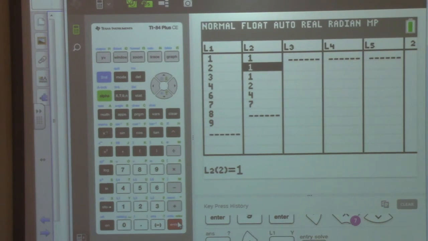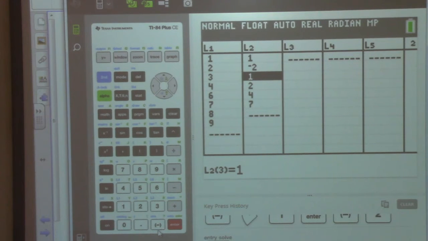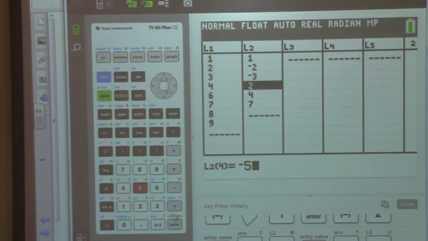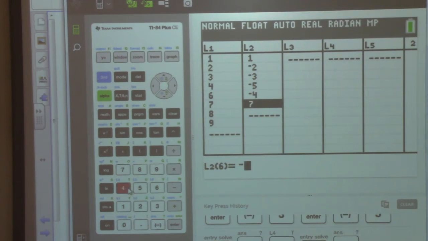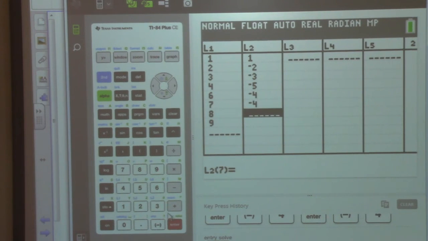It's negative 2, negative 3, negative 5, 2 negative 4s, okay, negative 4, negative 4, negative 2, and 3. Okay. So that is them, right?